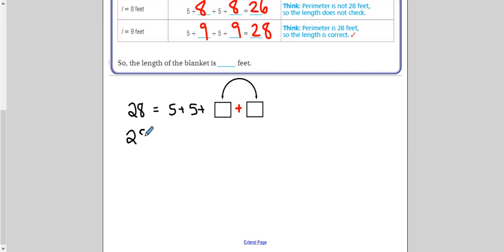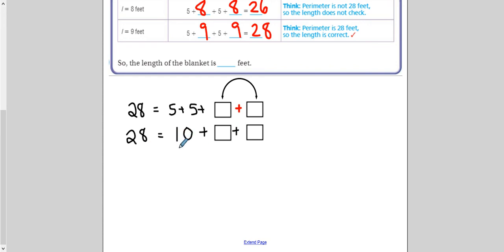We know that, and 5 plus 5 is equal to 10. And then we are adding the value of these two, and they have to be the same. Whatever that length is has to be the same.